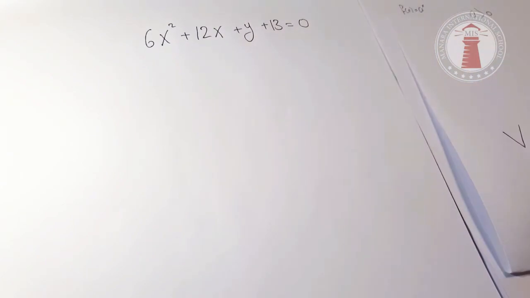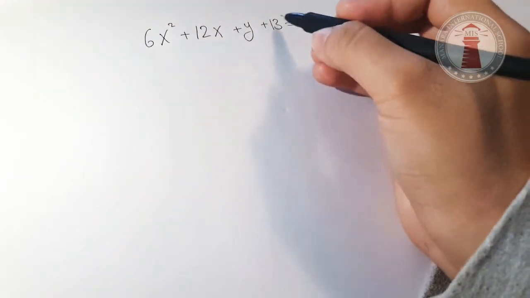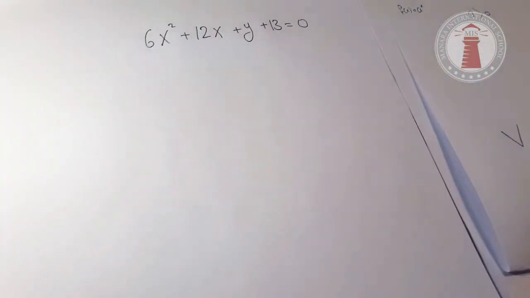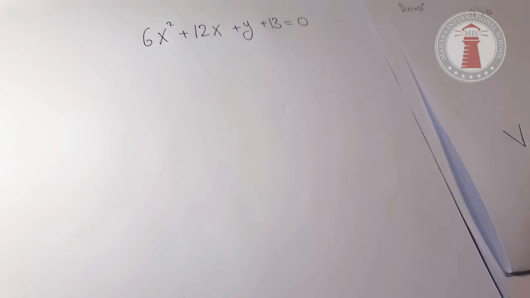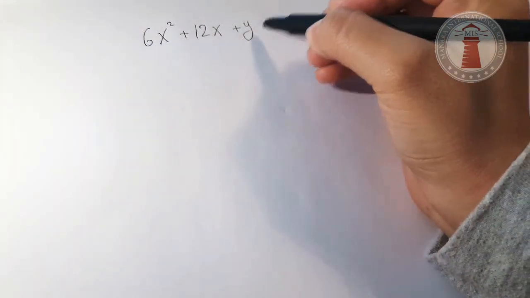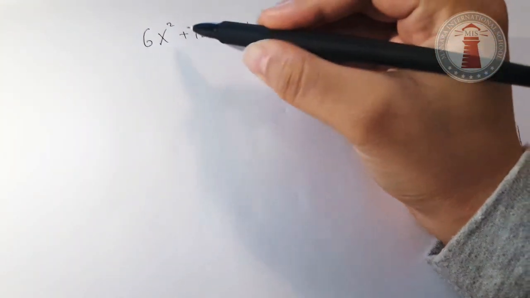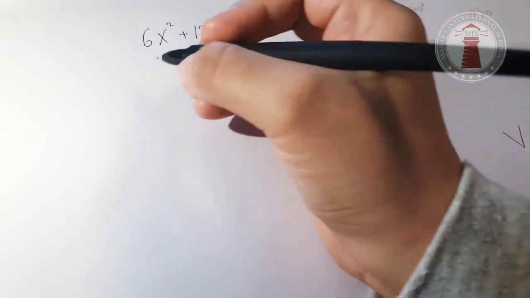Now the first part is to just move the y plus 13 to the other side of the equation, so we're just left with this and we can complete the square.